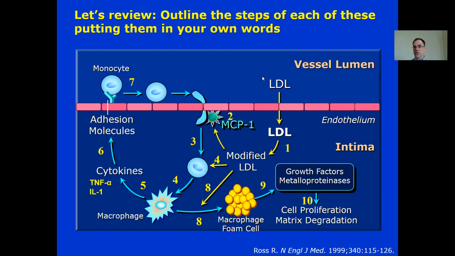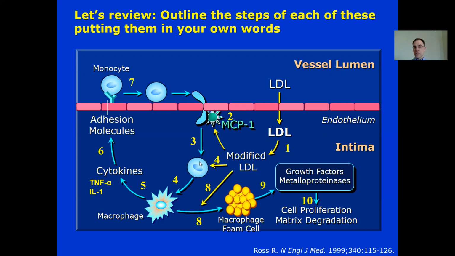Well, how does that occur? If you have a decrease in LDL in the diet or in your body due to healthier eating habits, you're going to have less LDL coming into the intima. Less LDL in the intima means there's going to be less modified LDL. Less modified LDL is going to cause less MCP-1 to be produced. Less MCP-1 means there's going to be fewer monocytes entering the intima.